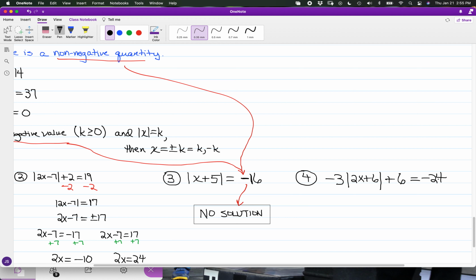So this is the first case where we have explicitly a coefficient in front of the absolute value notation. What you're going to do here is treat the absolute value of 2x plus 6 differently from where you would have 2x plus 6 in parentheses. So you're not going to distribute.